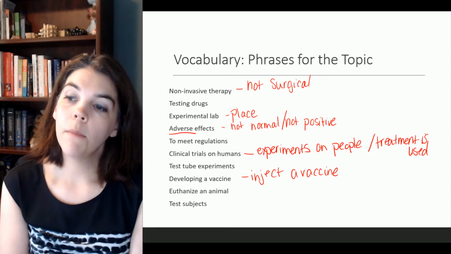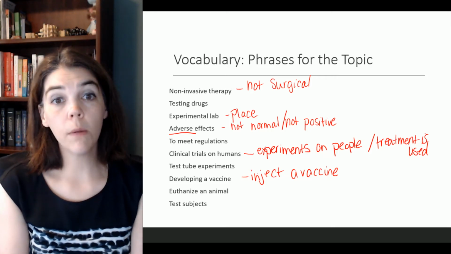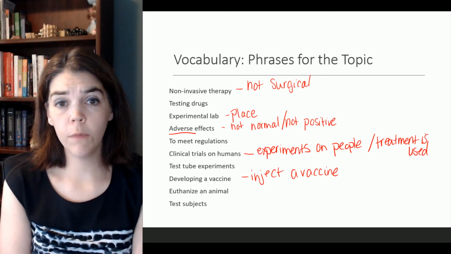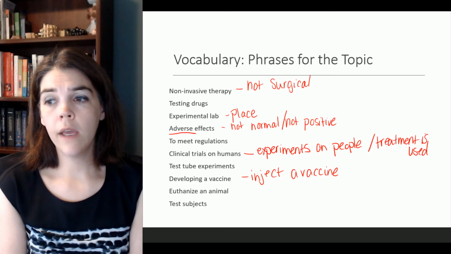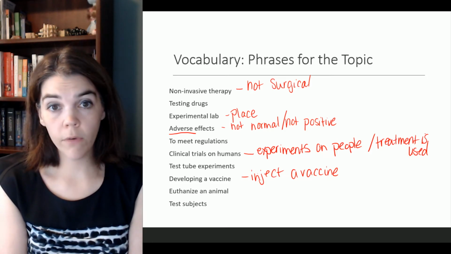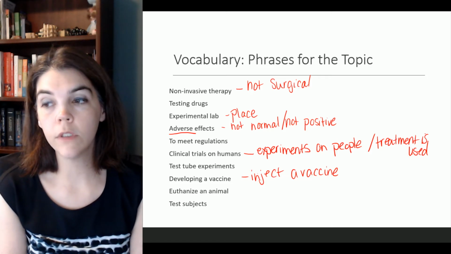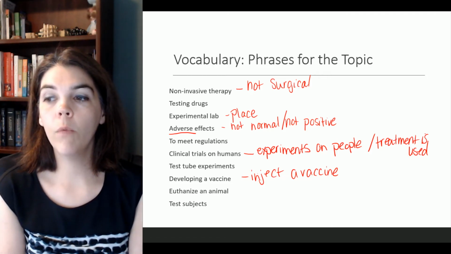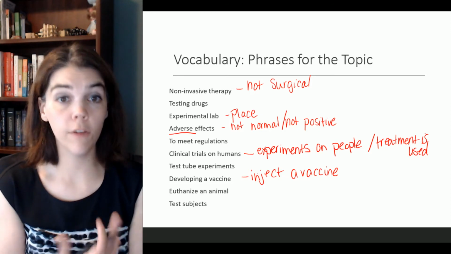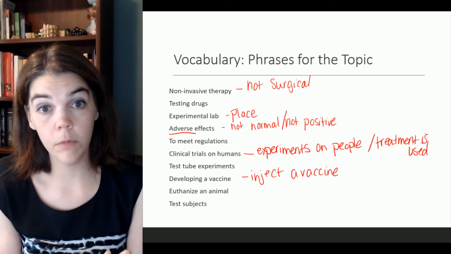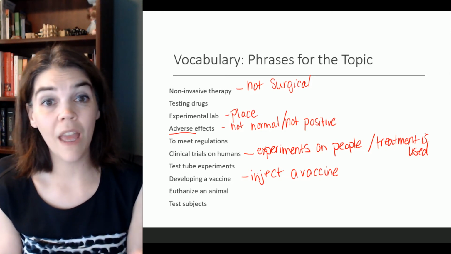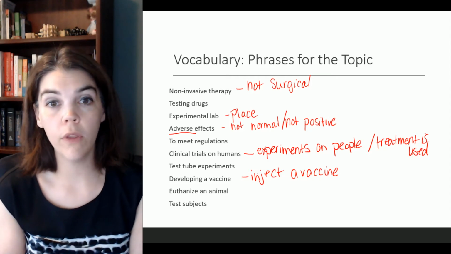All right, euthanize an animal. So sometimes when an experiment is being done on an animal and the animal is suffering or there's negative consequences that we wouldn't want this animal to live with, we put the animal, well, the nice way of saying it is we put the animal to sleep. But in other words, we end their life. And that's what euthanize means.